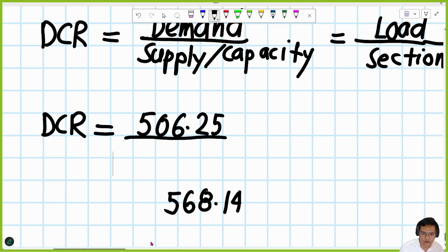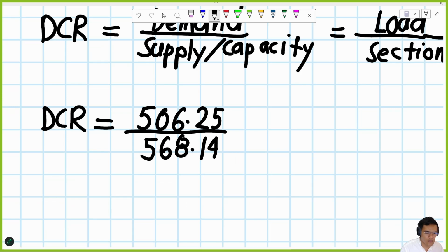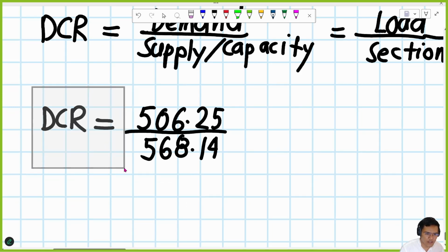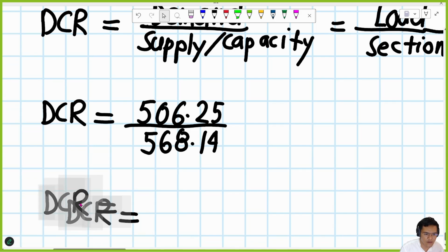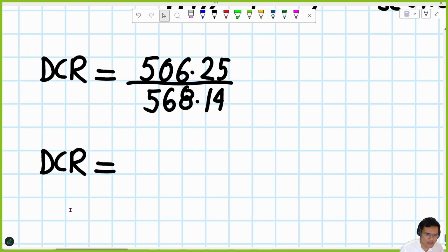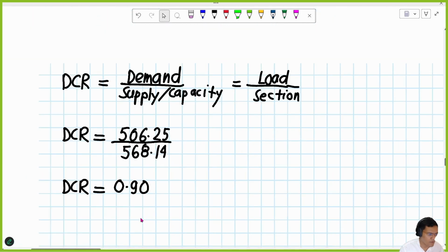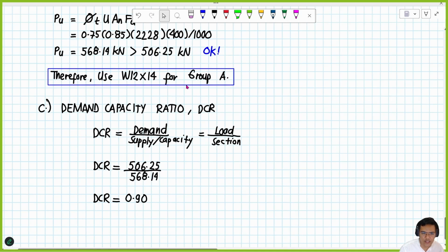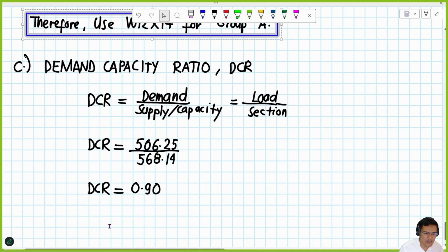Okay, so ilan to? 0.891065. Okay, sige. Siguro ibigay mo na lang yung 2 decimal kasi final answer na. Point ilan? 0.90. Okay, so I'm guessing na parehas yung nakuha ng iba. Okay to guys, yung ating DCR.